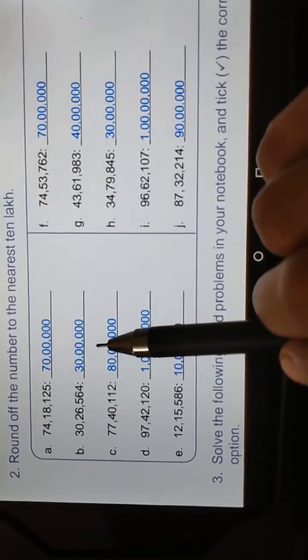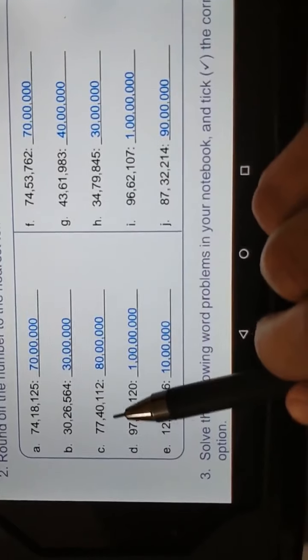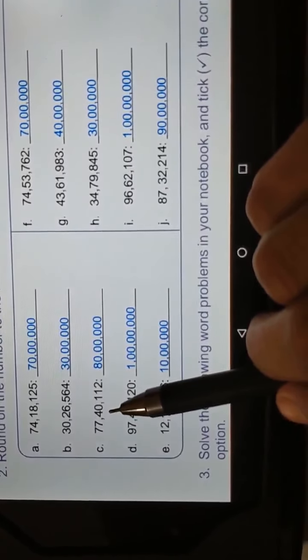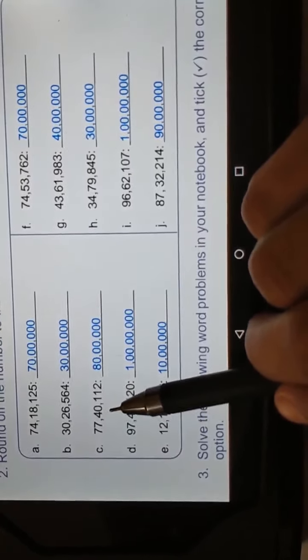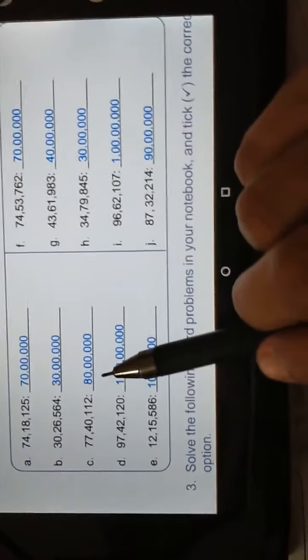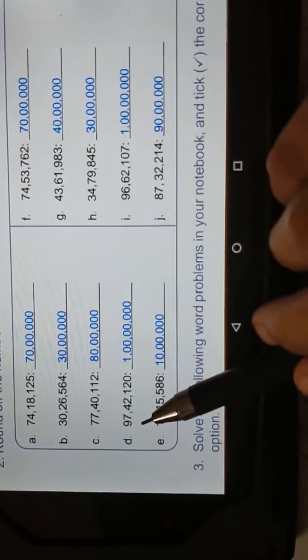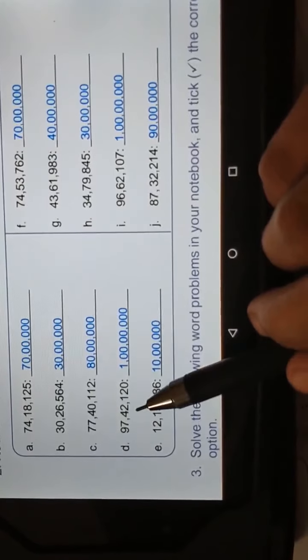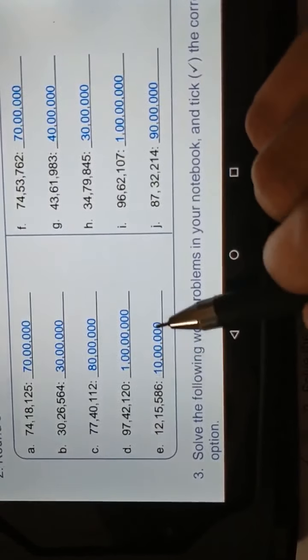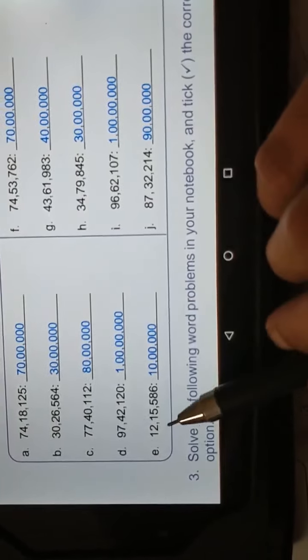Nearest 10 lakhs is 13 lakhs. 77 lakhs 14,112. Answer is 18 lakhs. 7 lakhs 42,120. Answer is 1 crore.